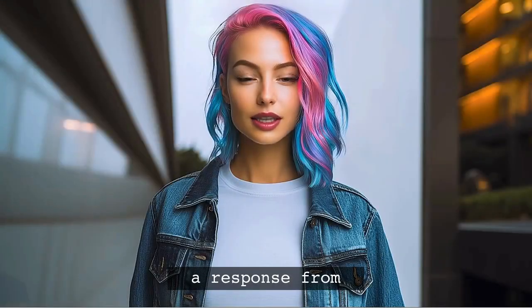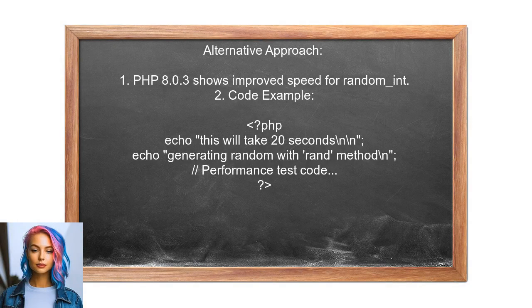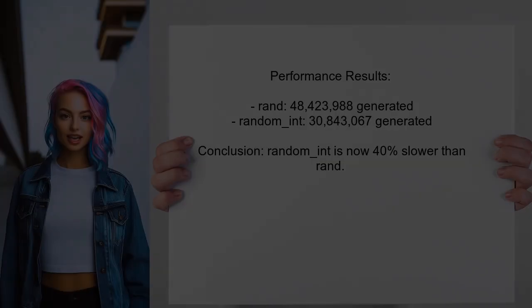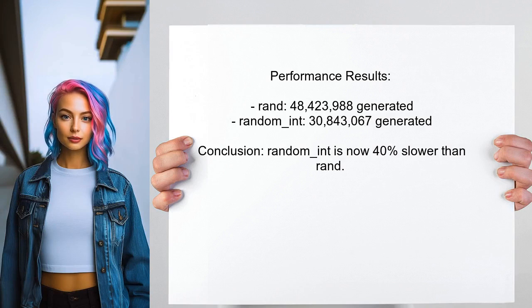Now let's see a response from a different user. In an alternative approach, a user highlights that in PHP version 8.0.3, the random_int function has improved speed. They shared a code example comparing the performance of rand and random_int over a 10-second period. The results showed that rand generated over 48 million integers, while random_int generated about 30 million.